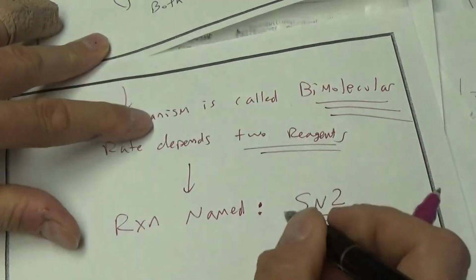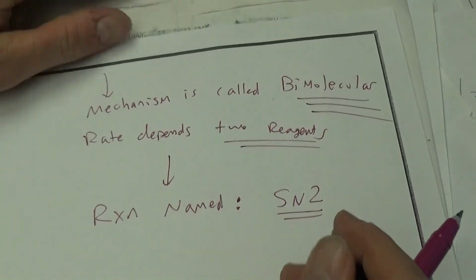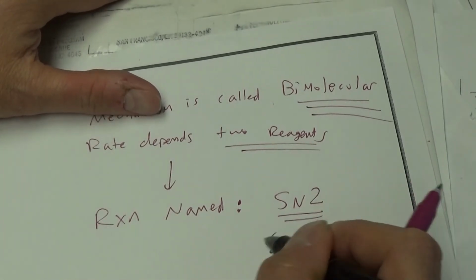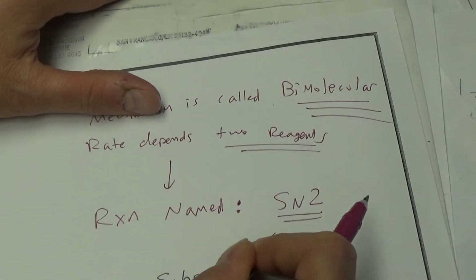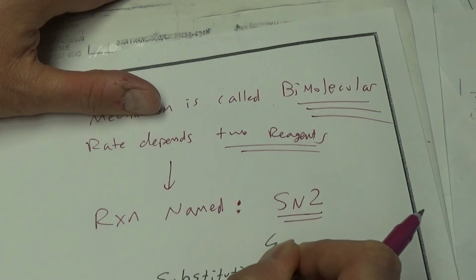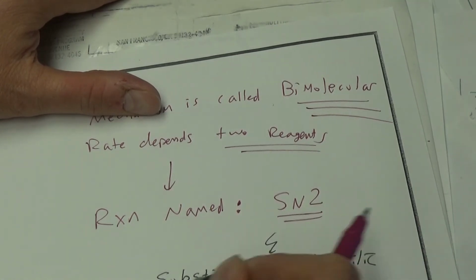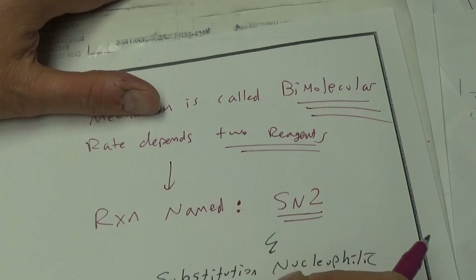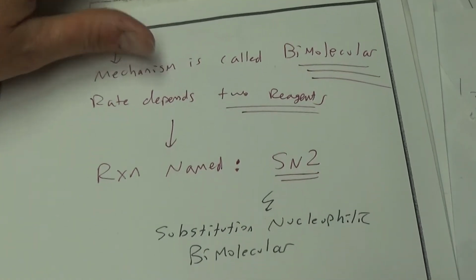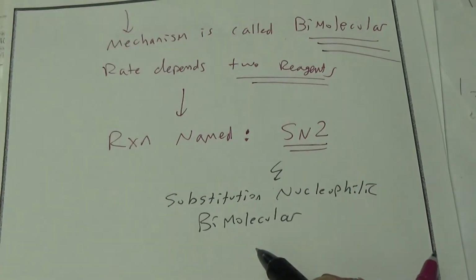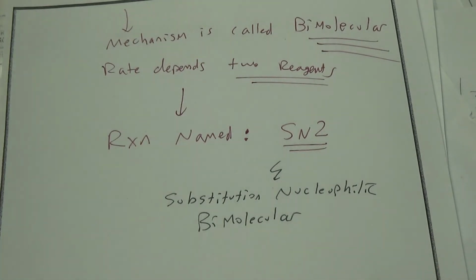SN2 means substitution nucleophilic bimolecular. Some people say biomolecular, like biological, and that's false. It has nothing to do with biology. This is just a general chemical reaction. Bimolecular, not biomolecular.